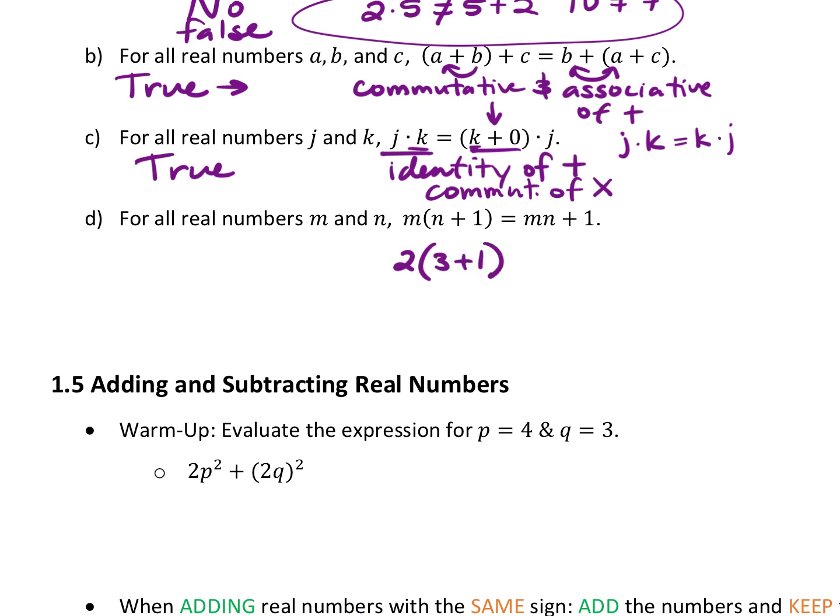So 2 times 3 plus 1 would have to equal 2 times 3 plus 1. PEMDAS says 4, so 4 times 2 is 8, would have to equal 6 plus 1, which is 7, right? Those are not equal. So that is a counterexample. And anytime you find a counterexample, that makes the whole thing false. Good? Questions?